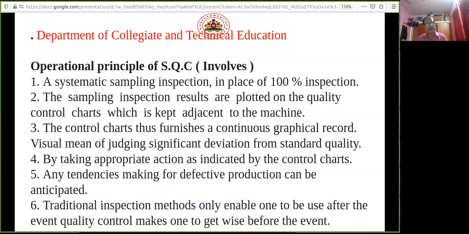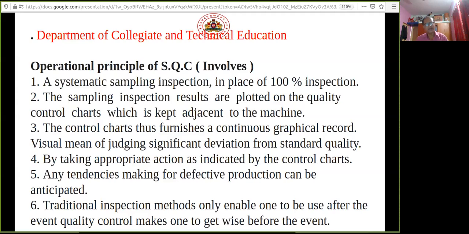These control charts are nothing but the statistical data that will be collected, and that data will be condensed in the form of the control chart, and those charts are kept adjacent to the machines. So the charts will help the operator to control the process.